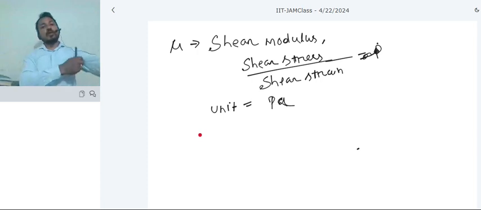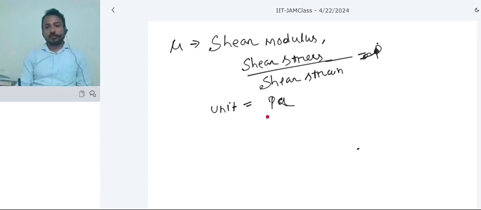Shear modulus also has a unit Pascal: shear stress by shear strain.